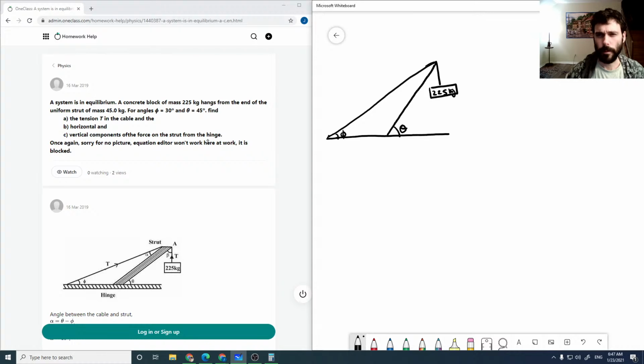So I'm going to go ahead and put my tension this way, because this is my mg force from this. And the strut itself is 45 kilograms. And then phi is 30 degrees, theta is 45 degrees, and it wants the tension in the cable and both the horizontal and vertical components of the force on the strut from the hinge.